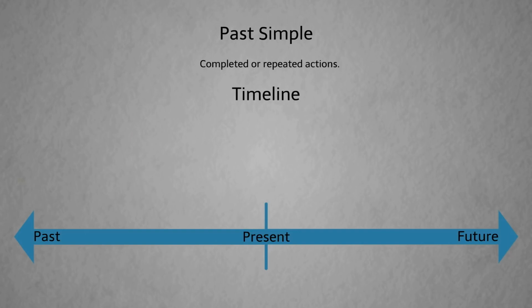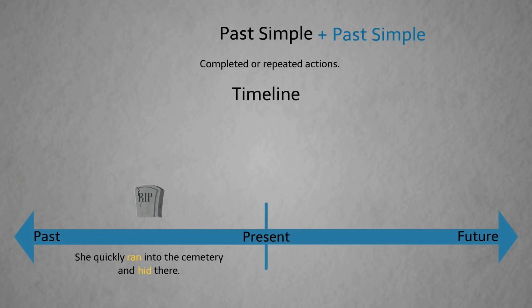For example, she quickly ran into the cemetery. This action is finished and completed. When we use two past simple actions, the second action happened after the first action. For example, she quickly ran into the cemetery and hid there. So she ran into the cemetery first, then she hid inside the cemetery.